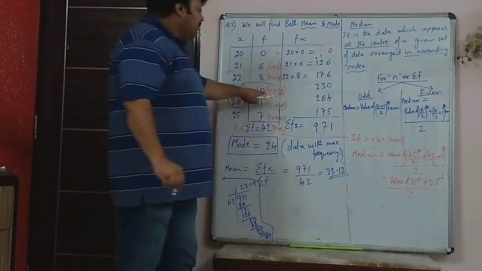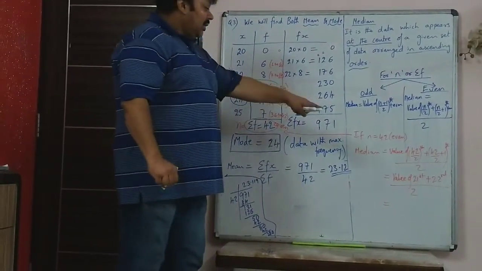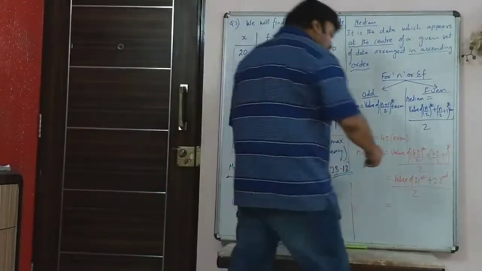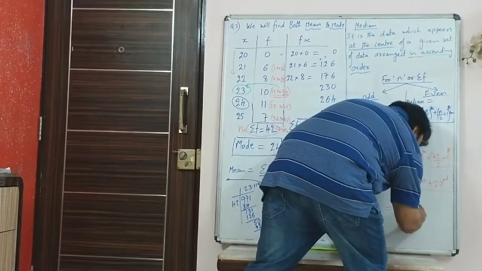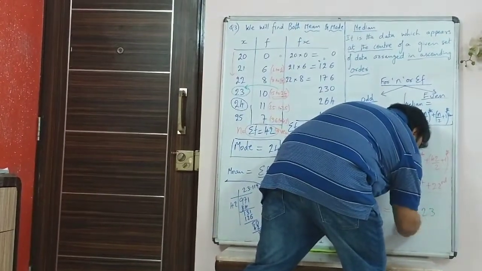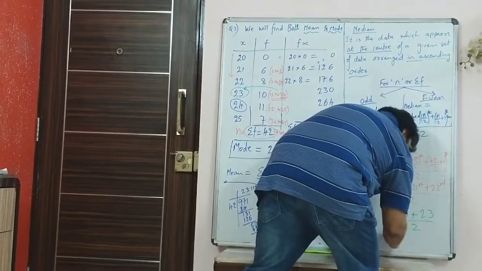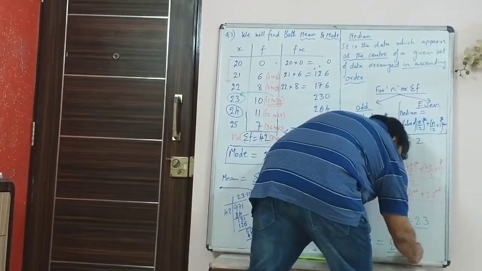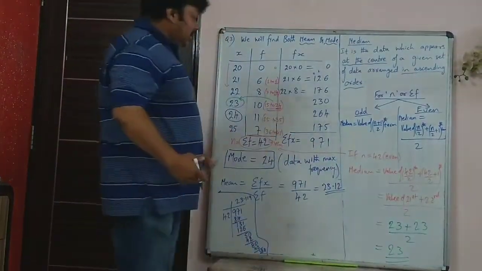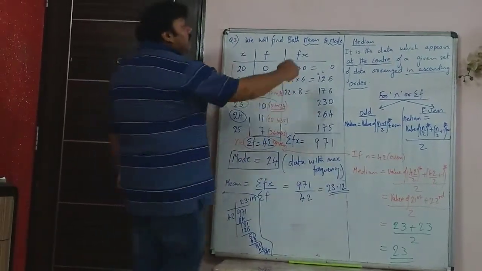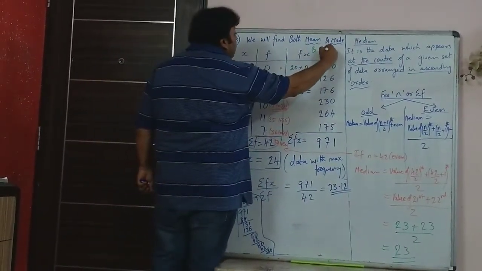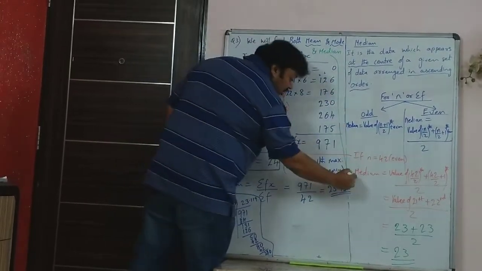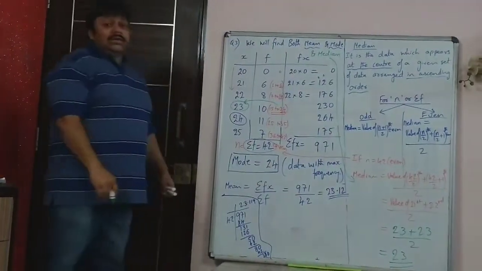The 21st term lies in 15 to 24, the 22nd term also lies in 15 to 24. So both of them have value 23, plus 23 by 2, which is 46 by 2, or 23 itself. So the answer for median would have been 23.